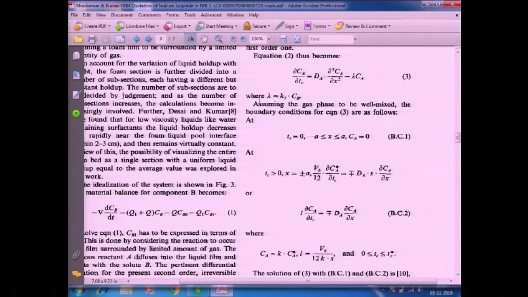Take this equation, write the Laplace transform, and Laplace transform will be integral from 0 to infinity Ca e power minus p Tc dTc. You start with this dou Ca by dou Tc equal to dA dou 2 Ca by dou x square minus lambda Ca.